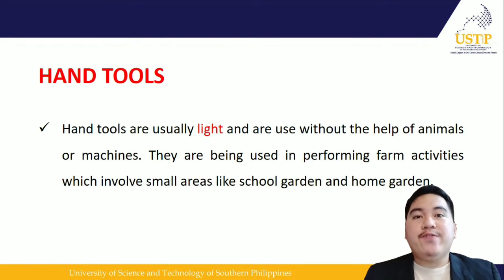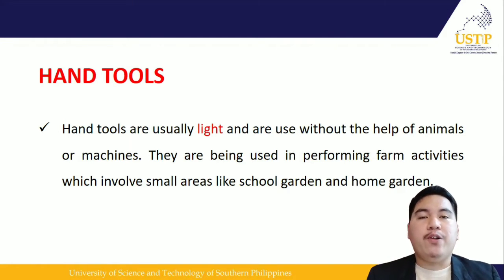Okay, so we have here hand tools. What are hand tools? These are usually light and are used without the help of animals or machines. They are used in performing farm activities which involve small areas like school gardens and home gardens.